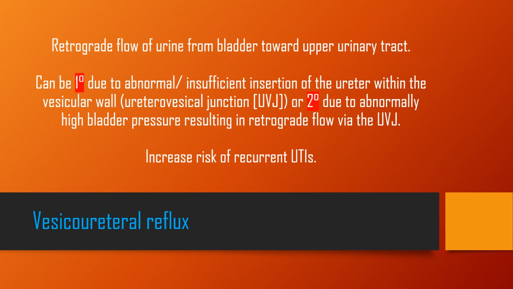It is the junction between the ureter and the bladder where it gets inserted. Secondarily, it is due to abnormally high bladder pressure resulting in retrograde flow via the ureterovesicular junction, and it leads to an increased risk of recurrent UTIs as the urine flows backward into the upper urinary tract.